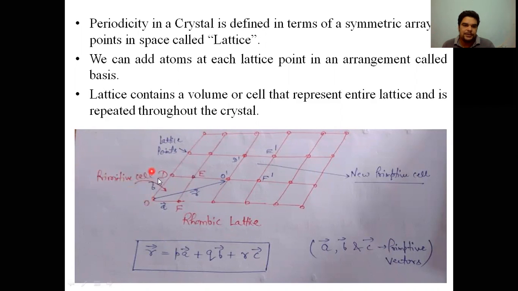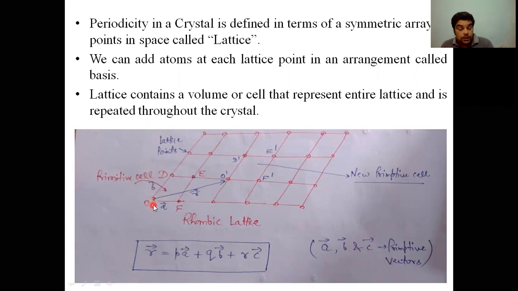Here you can see that if you define vectors A, B, and C, these are called primitive vectors. This is a two-dimensional structure, that's why we are denoting only A and B.